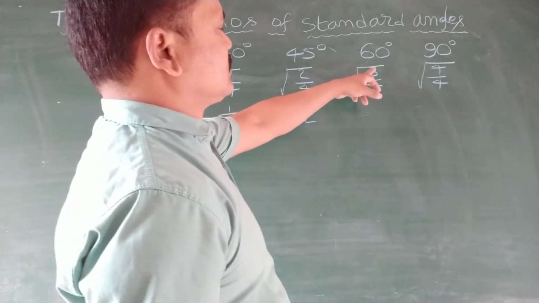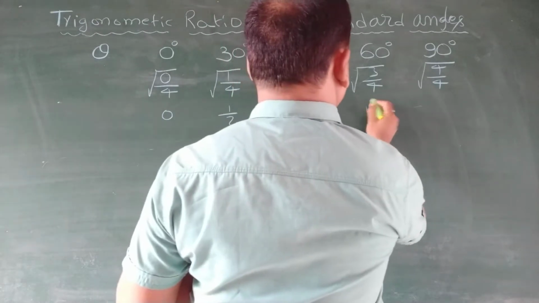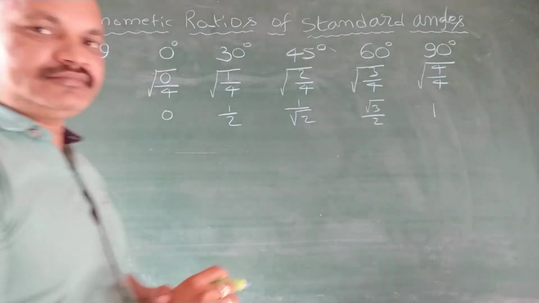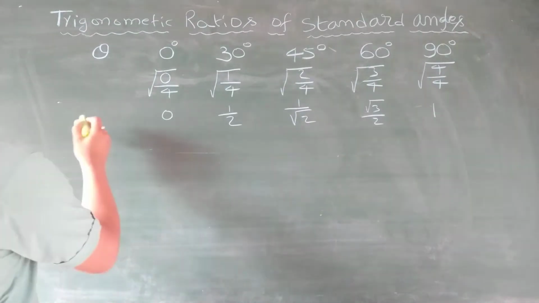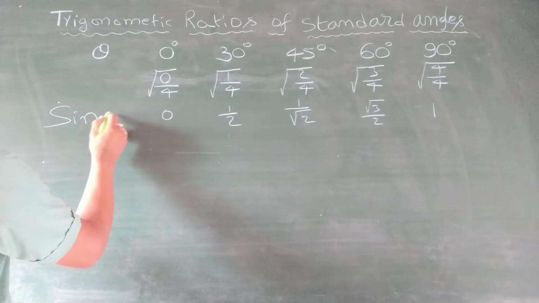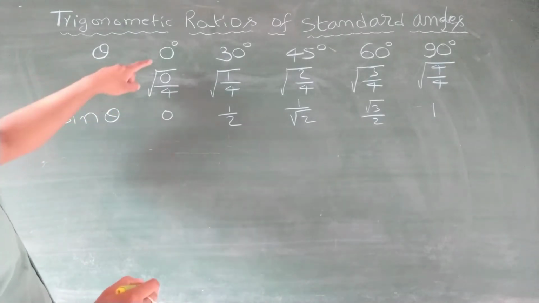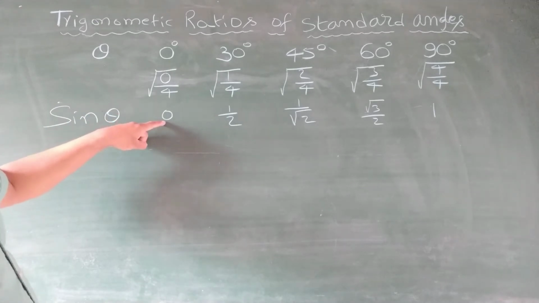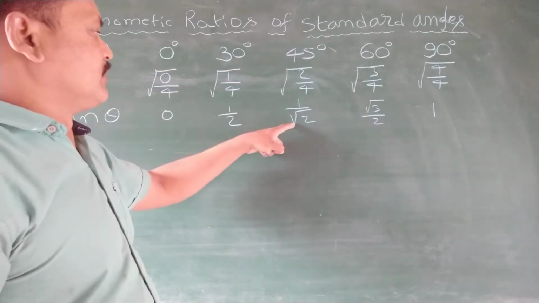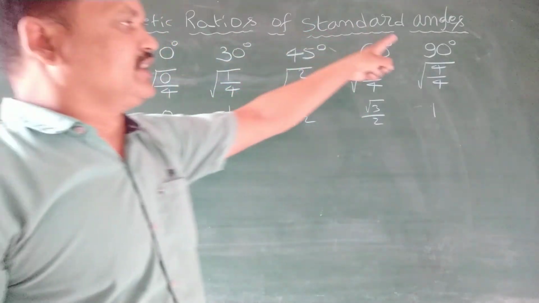And here it is 3 by 4, that means root 3 by 2, and this is 1. Now these are the results of sine function. That means sine 0 is 0, sine 30 is 1 by 2, sine 45 is 1 by root 2, sine 60 is root 3 by 2, sine 90 is 1.